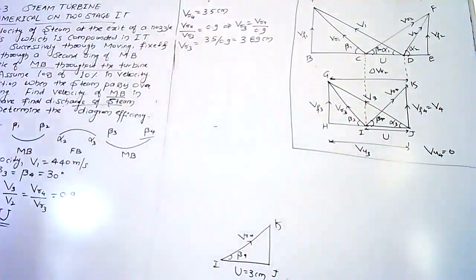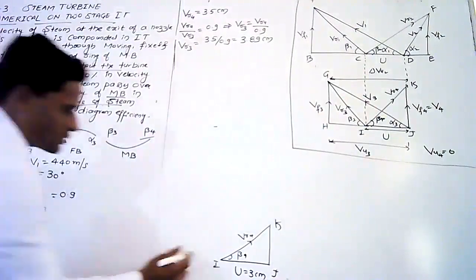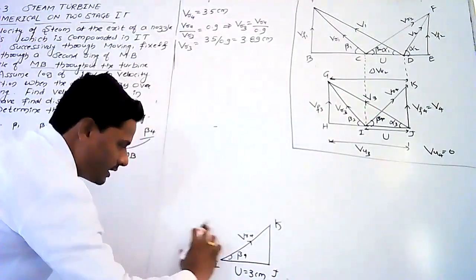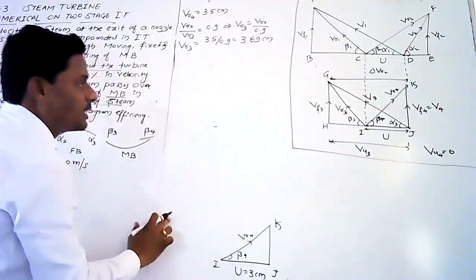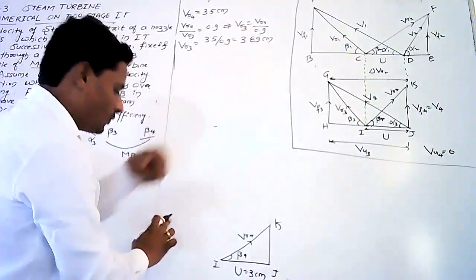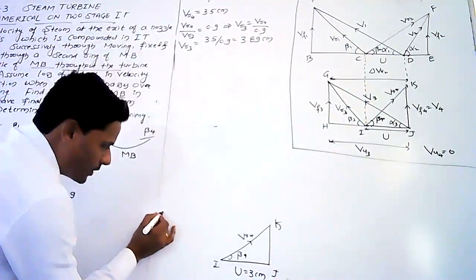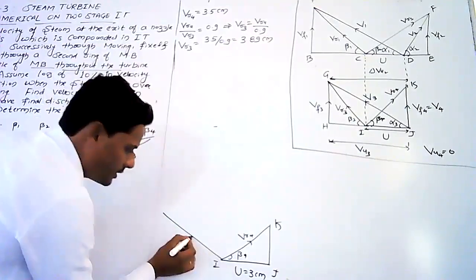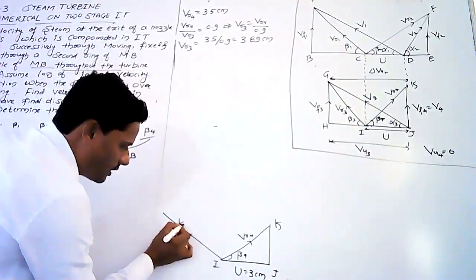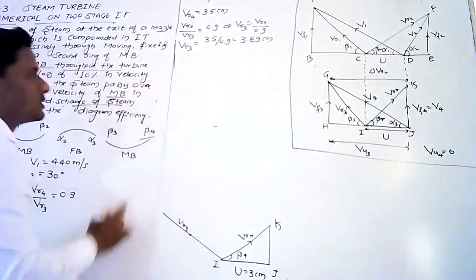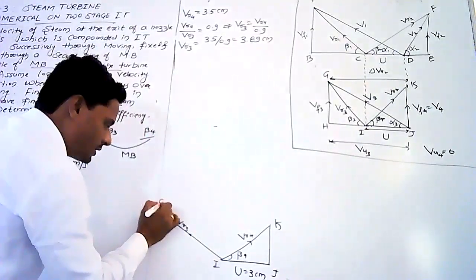Beta 3 is again 30 degrees, and the length is 3.89 centimeter. So this is VR3, and we got the point G here.